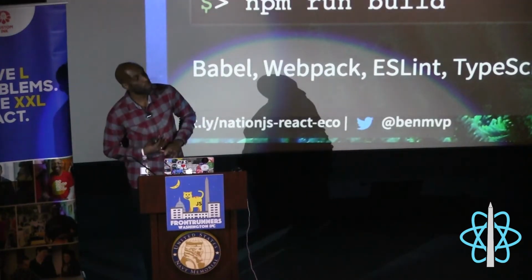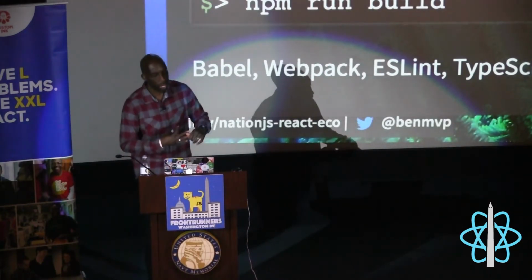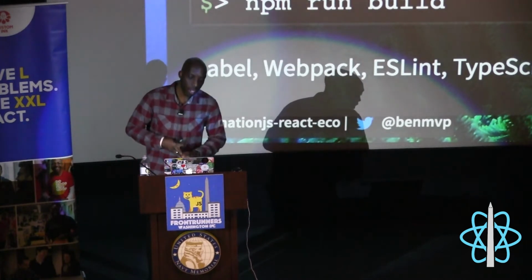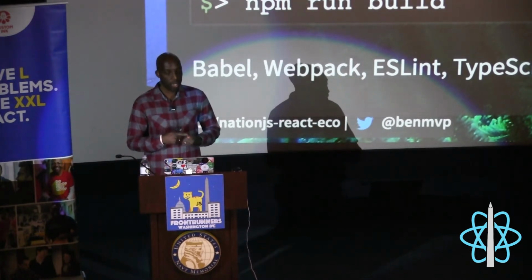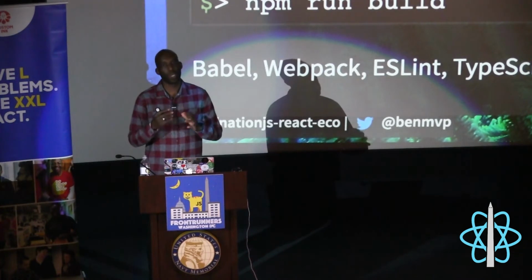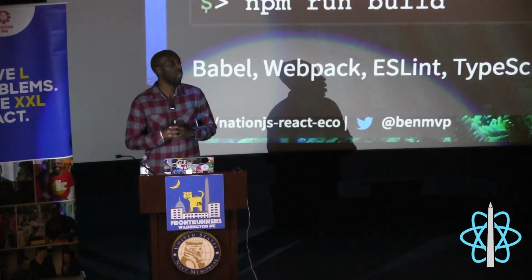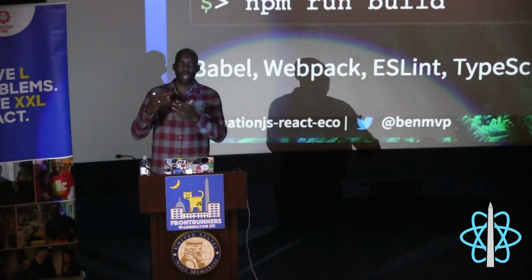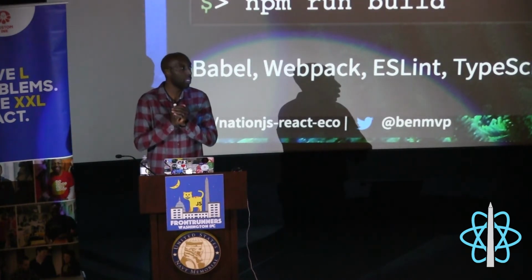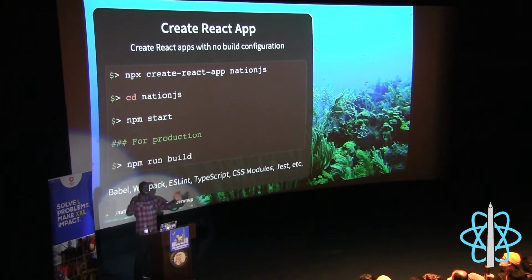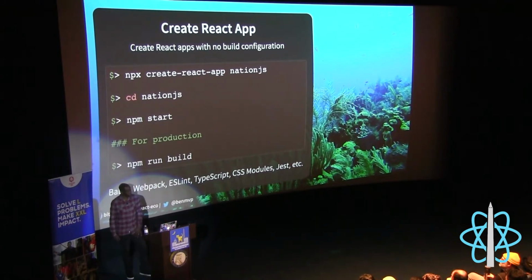It has Babel already configured for you, Webpack, ESLint, TypeScript support if you want that, CSS modules, all those sorts of things you can leverage. You can configure more if you want to do some special things. But at some point, if you have some bespoke stuff you want to do, you can just eject and manage it all yourself. It'll also generate an optimized production build for you if you just run the build command.